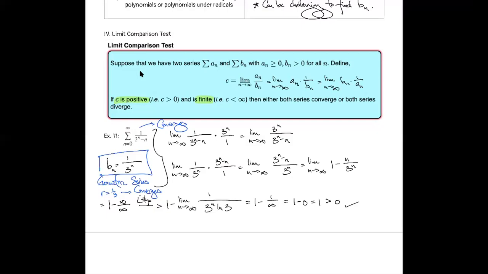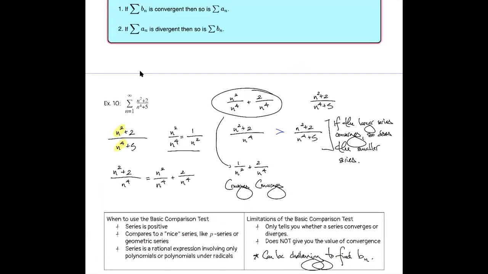So it's very similar to the basic comparison test. Your B sub n is the same, right? You pick one that you know what's going to happen with it. But sometimes you don't have to determine which one is bigger or smaller for the limit comparison test, whereas for the basic comparison test, you do need to know which one is bigger or smaller. With the basic comparison test, we just know that the behavior of the larger graph is going to match the behavior of the smaller graph. It depends if you're looking at convergence or divergence.